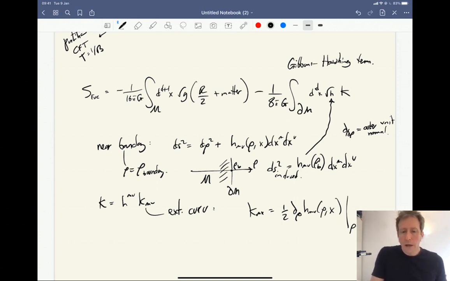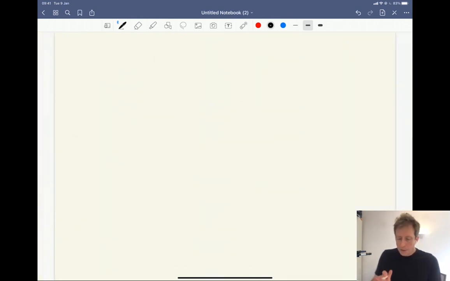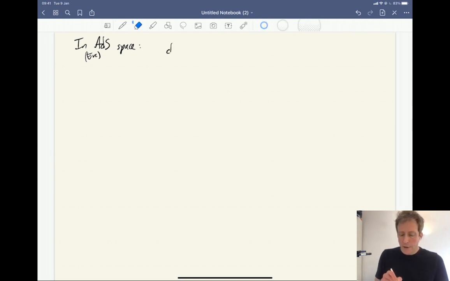Now how does it work in an AdS space? So this is in a general space. In an AdS space, or let's say Euclidean AdS space, so actually a hyperbolic-like space, we don't have a boundary, we've got a conformal boundary. Now this diverges.